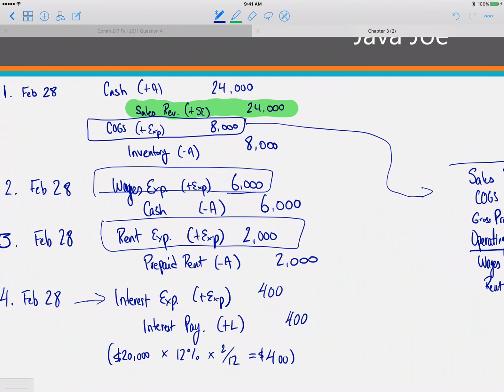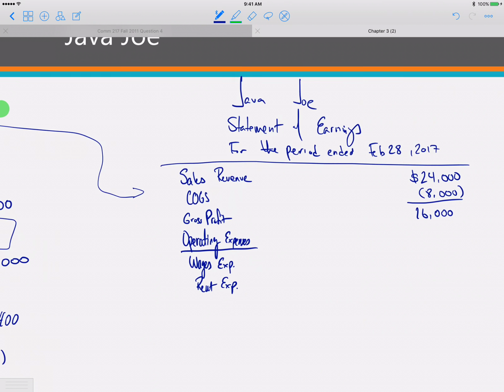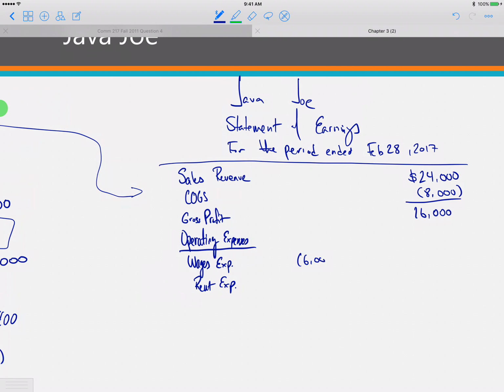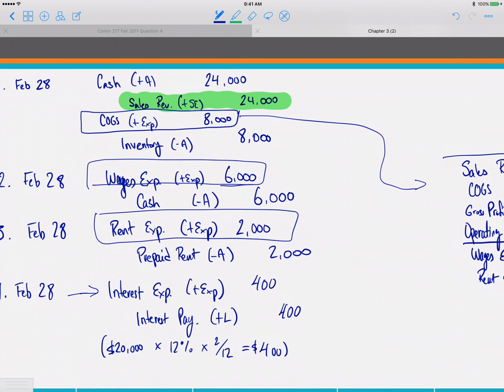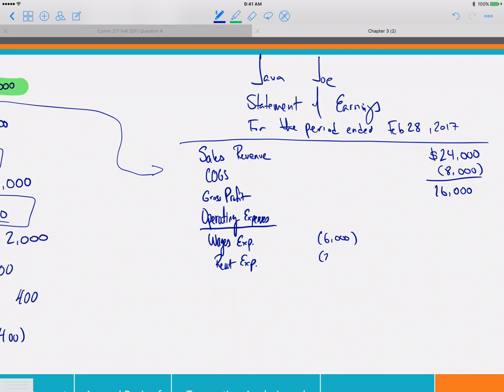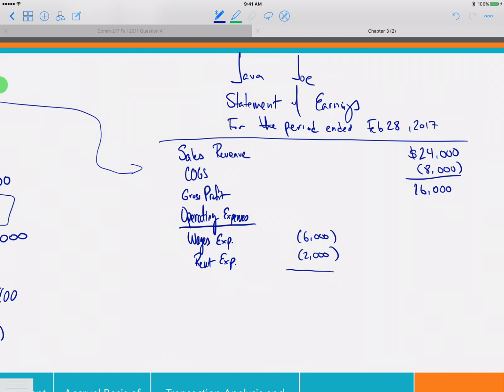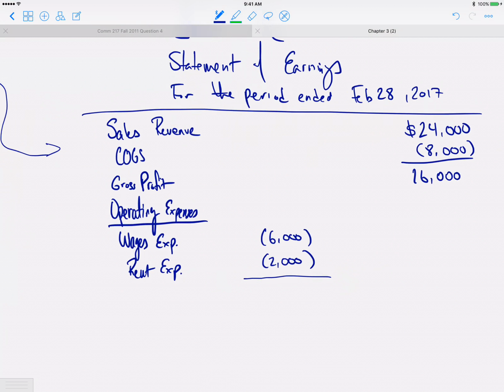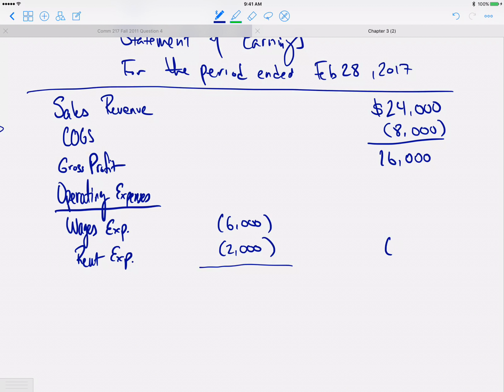So wages were $6,000. And if you recall, rent expense was $2,000. So we're going to add these two up. And this gives us total operating expenses of $8,000.